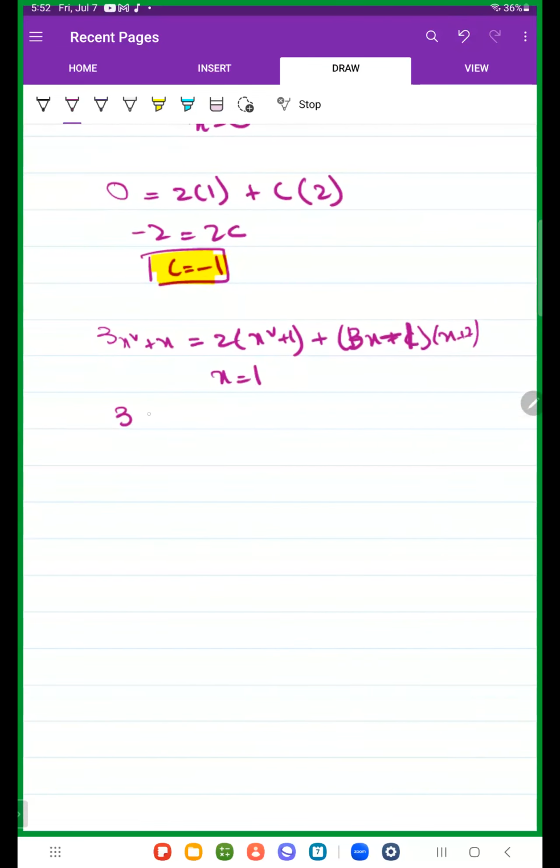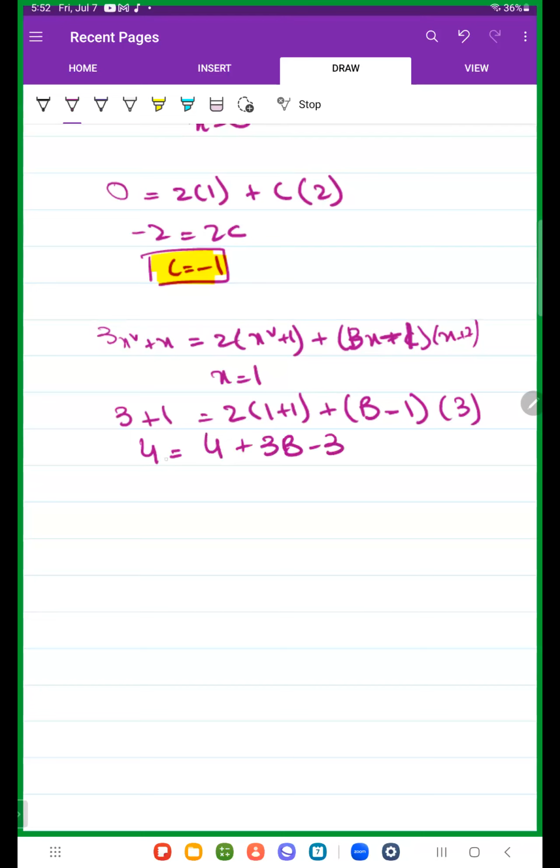So if I'm putting x as 1, it'll be 2 into 1 plus 1, plus b minus 1 into 3. What are you getting b as? So solving.